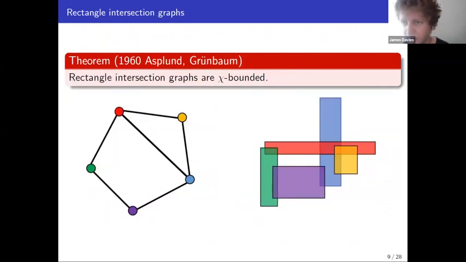Now, I'd like to mention a couple more classic results on chi-boundedness, one positive and one negative, with a focus on geometric intersection graphs. One positive one is that rectangle intersection graphs are chi-bounded. These are intersection graphs of axis-aligned rectangles in the plane. Like how in circle graphs our vertices corresponded to chords, now our vertices correspond to rectangles, and two vertices are adjacent if the corresponding rectangles intersect.